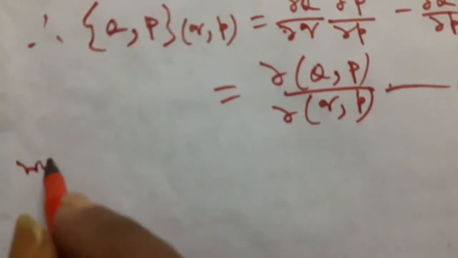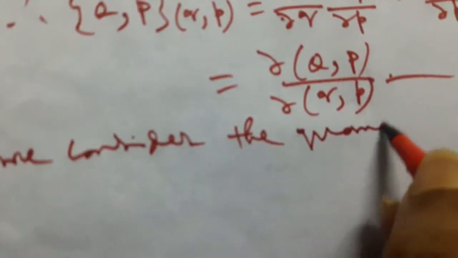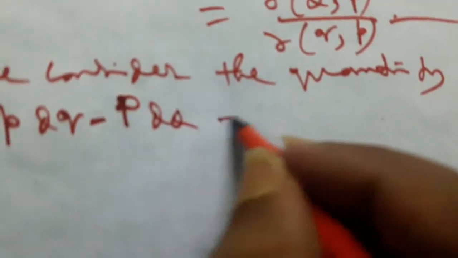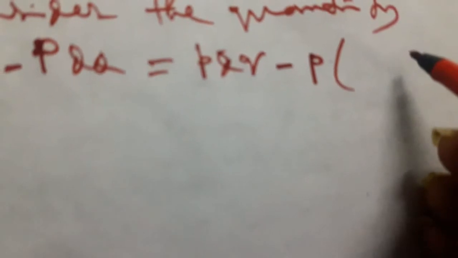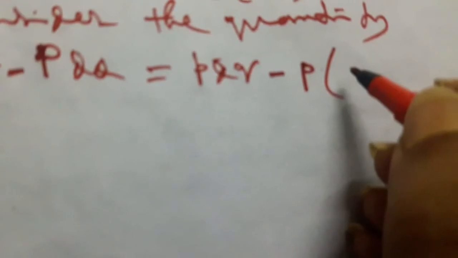Now we consider the quantity p dq minus capital P dQ. It is our requirement. It will be p dq minus capital P into dQ, where Q is a function of small q and small p. Small q is the coordinate and small p is the momenta.